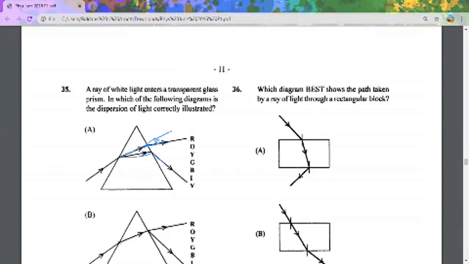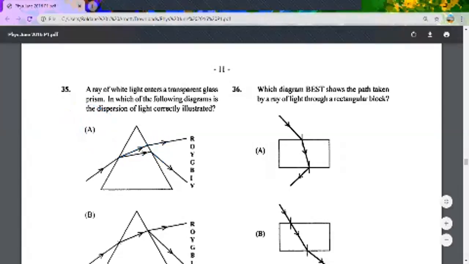And as you go down the spectrum, you realize that the angle increases. 35, A. Let's continue down to 36. It's right over here.